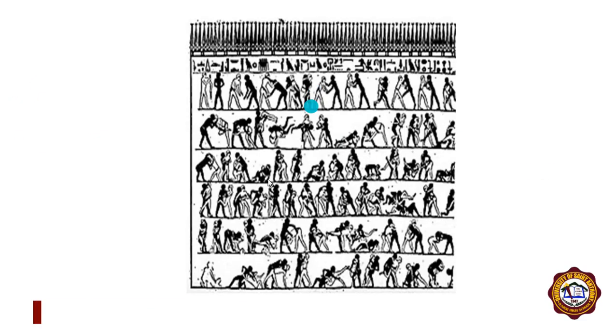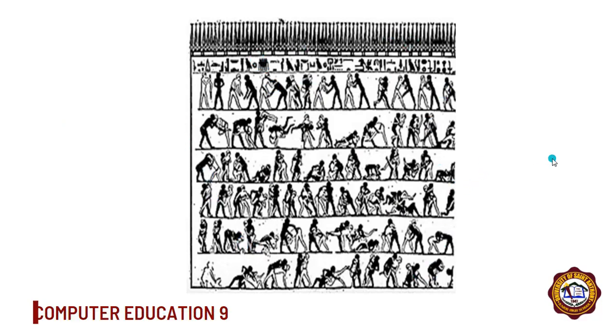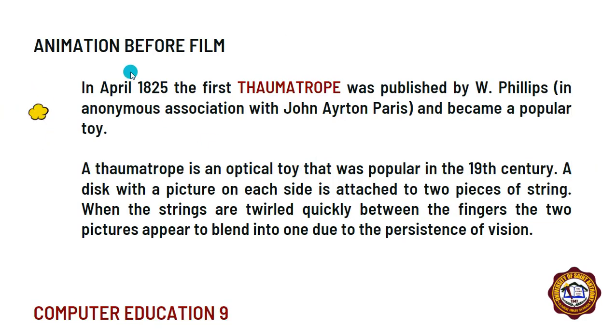So, gumamit sila ng parang mga ganito na inuukit nila sa mga pader kung saan man, sa wall. Yan. O, ito naman, animation before film. So, in April 1825, the first Thaumatrope was published by W. Phillips.